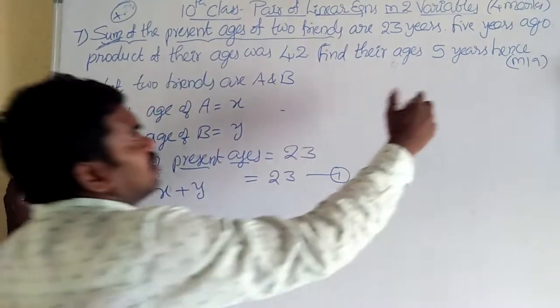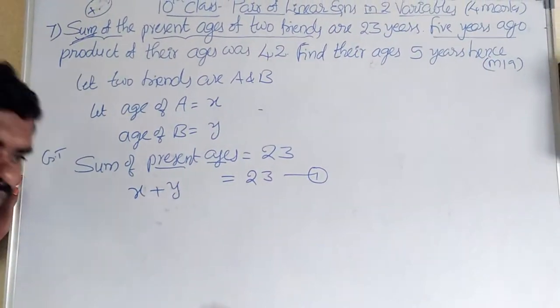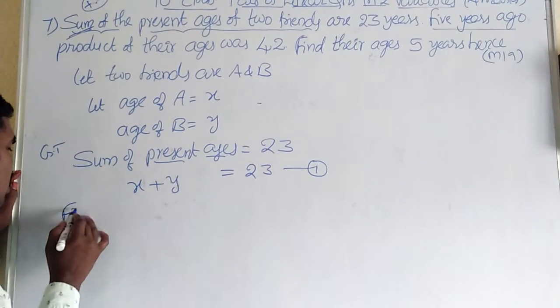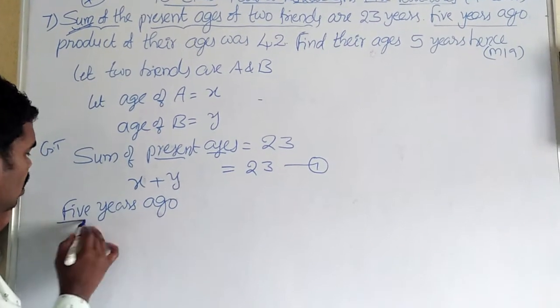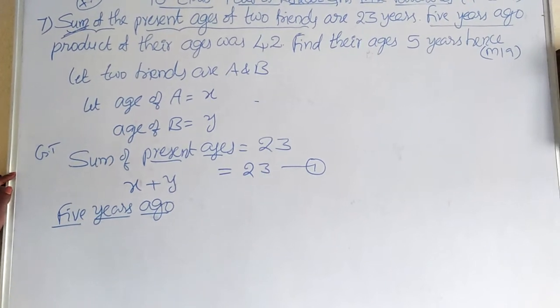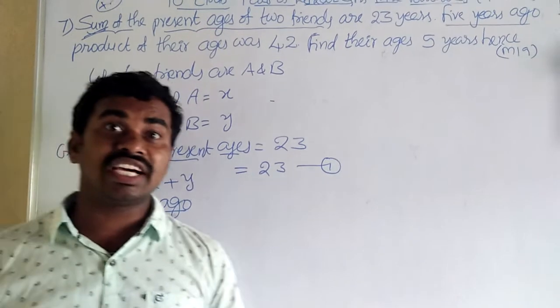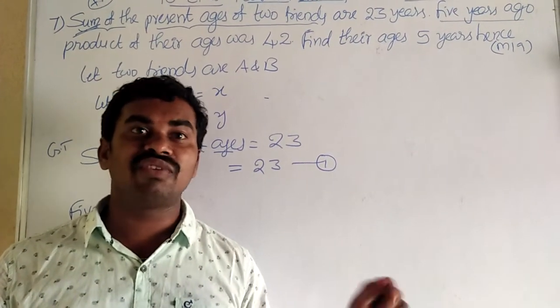The next statement is 5 years ago, that is, before 5 years. What about their ages 5 years ago? For example, now one person's age is 20 years. What was his age 5 years ago? 20 minus 5, 15 years.